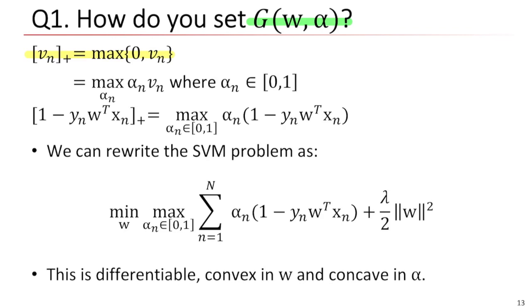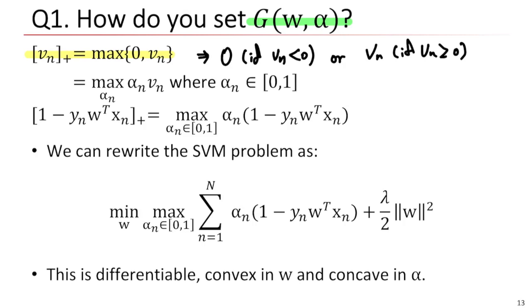Then actually this one was 0 if Vn is less than 0, right? Or it will be Vn itself if Vn is larger than 0, right?